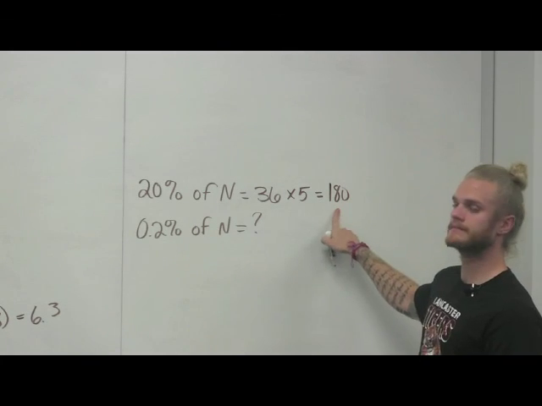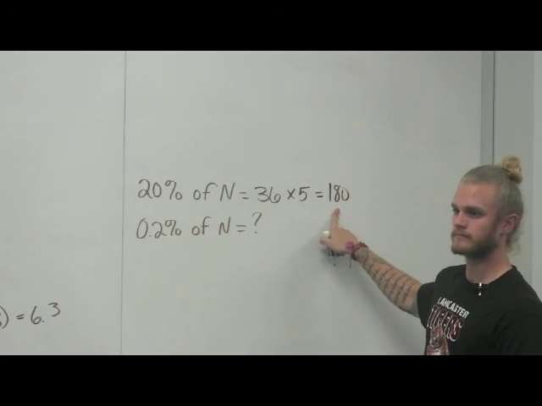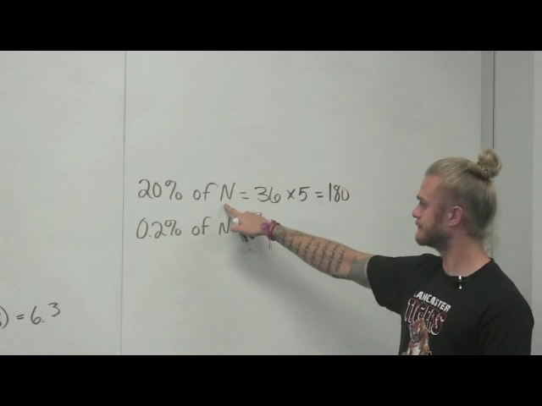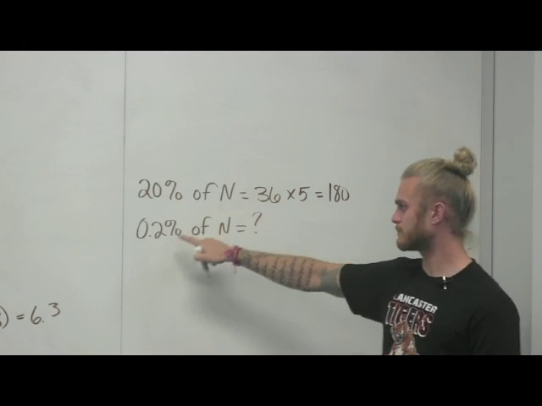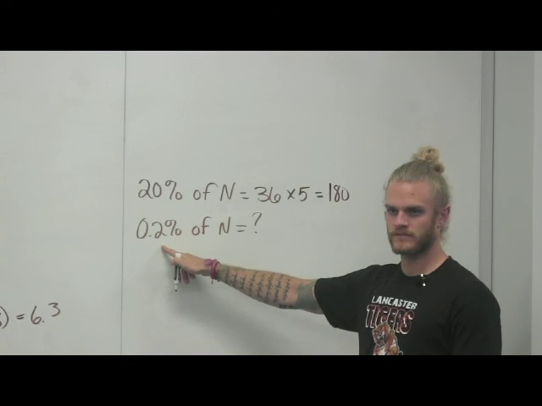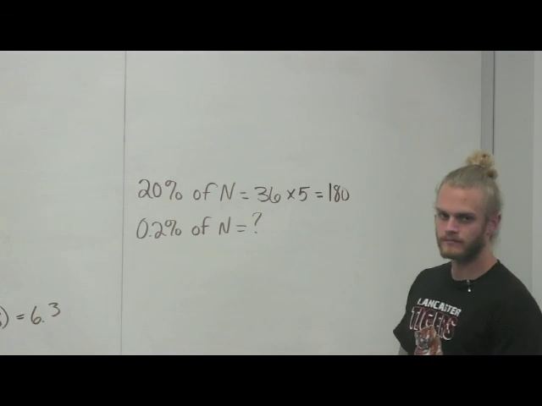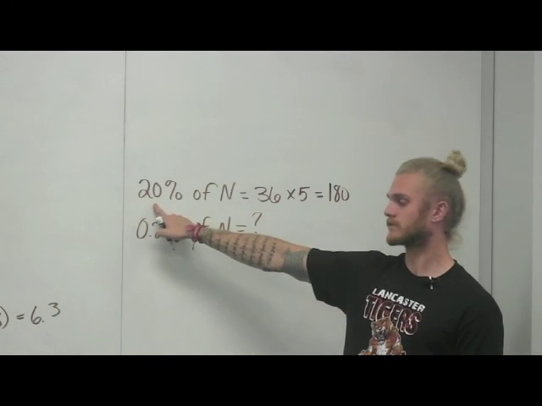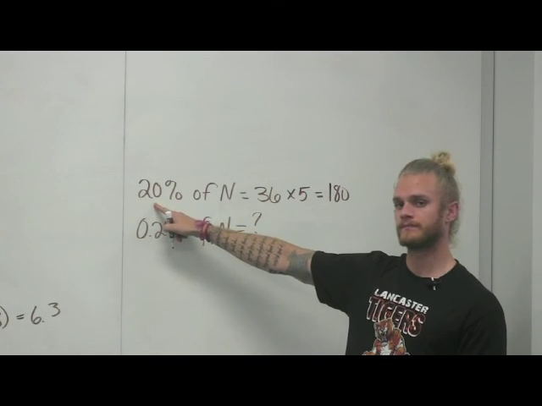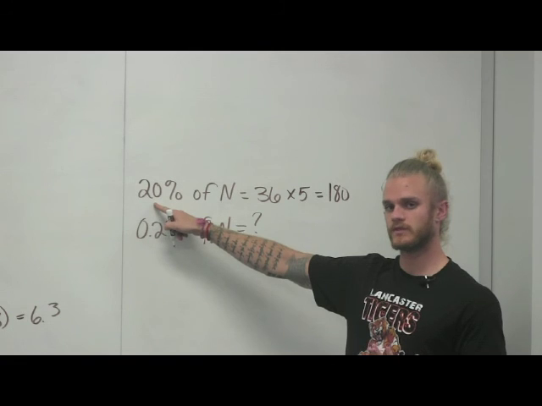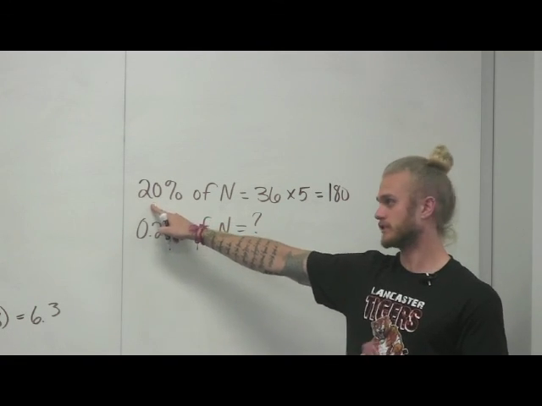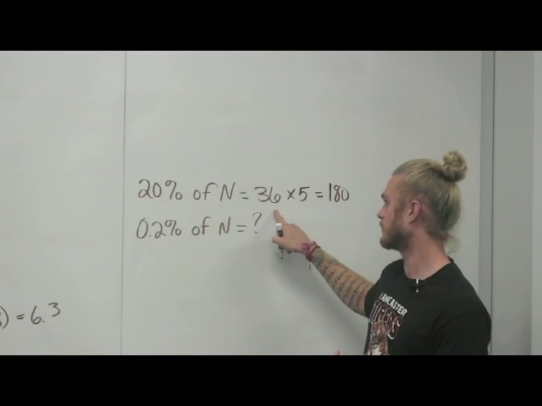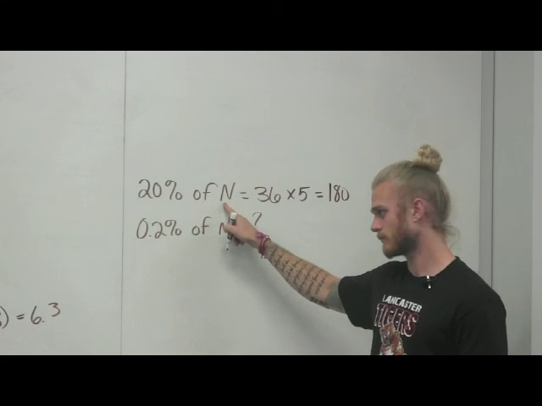So what is 180? The whole, the n, right? So now it's saying what's 0.2% of it? So what are we going to do? To go from 20% to 100%, it's a multiple of 5. So 20 times 5 is 100. So then you multiply this number by 5 to find out what 100% of n is.